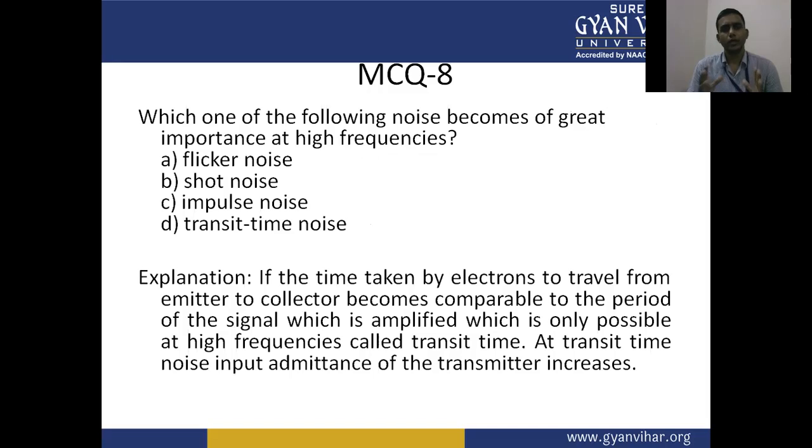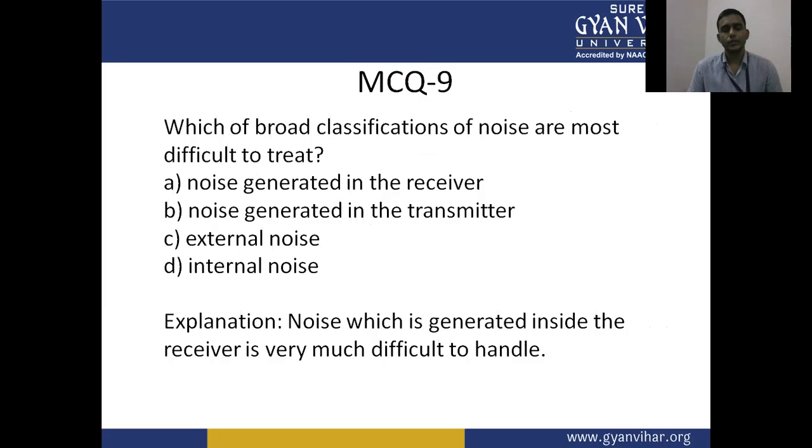Question eight: which one of the following noises becomes of great importance at high frequency? A, flicker noise, B, shot noise, C, impulse noise, and D, transit time noise. Question nine: which of the broad classifications of noise is the most difficult to treat?